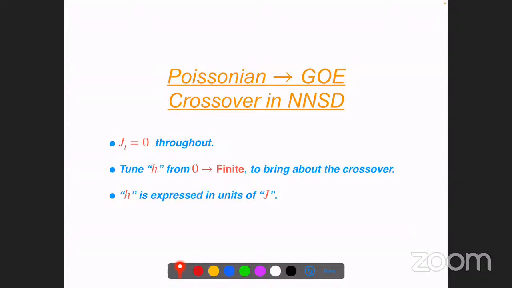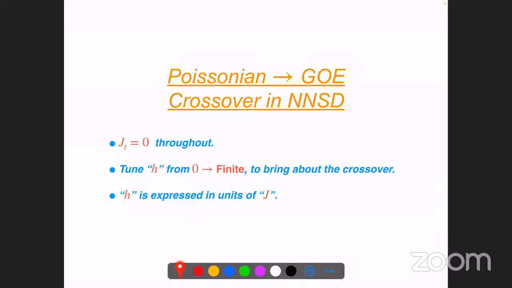From there, we draw N site magnetic fields. That is one configuration. For that configuration, we calculate the energy levels and then the spacings. We then sample over many other members of the ensemble by changing the configuration, keeping H fixed. And then all of these level spacings are plotted as a frequency distribution to get the probability distribution of level spacings.